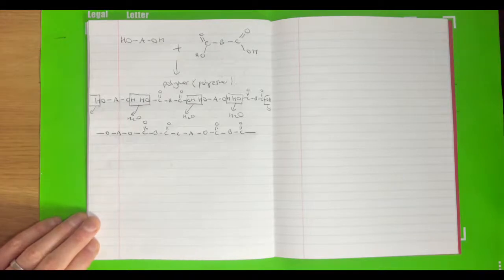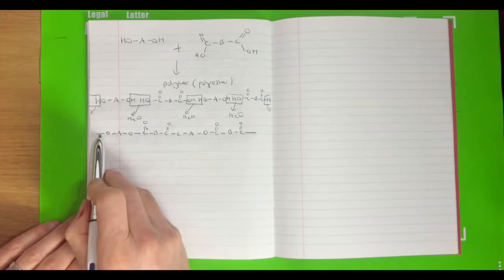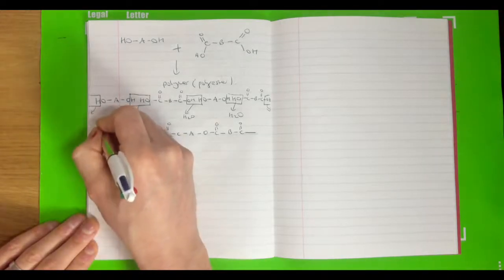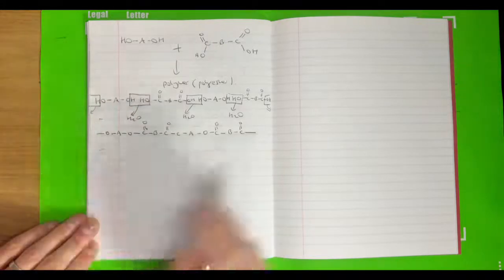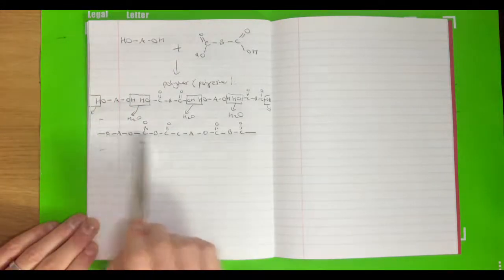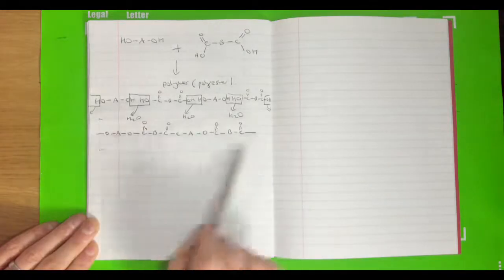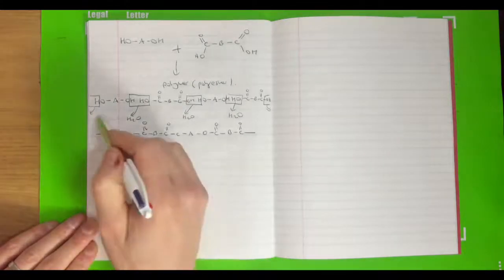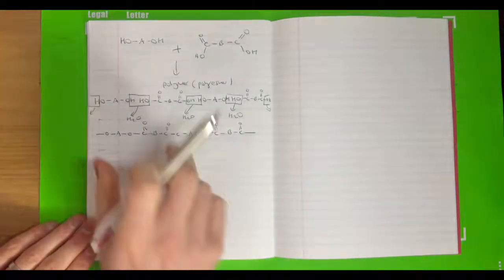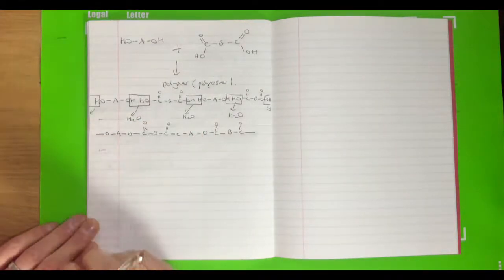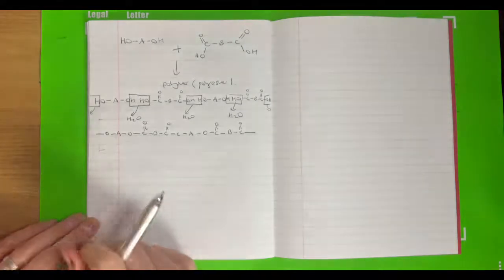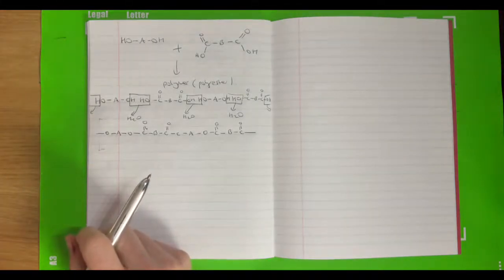Now, you might have remembered these from GCSE. What we do with this bond here is we draw a line sort of through it like that if we want to show that this is a polymer. But in this case, I've drawn more than one repeating unit, so I wouldn't do it in that particular case. You only really draw the square brackets down these things if you only show one repeating unit. So one repeating unit here would be where you've got the dicarboxylic acid monomer and the diol monomer as well.